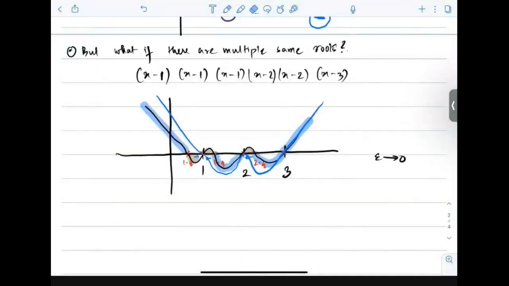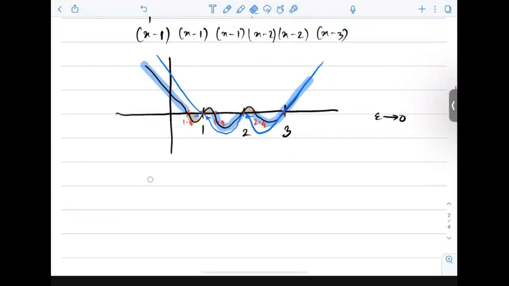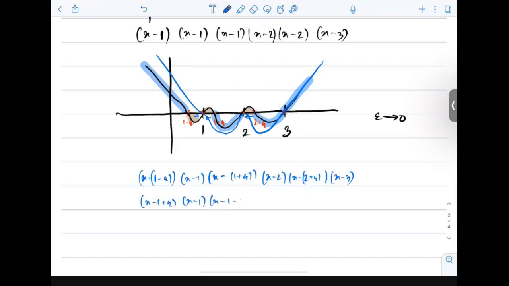So if this is this, so x minus 1 minus epsilon, x minus 1, x minus 1 plus epsilon, yeah, x minus 2, x minus 2 plus epsilon, x minus 3, that is x minus 1 plus epsilon, x minus 1, x minus 1 minus epsilon, x minus 2, x minus 2 minus epsilon, and x minus 3.